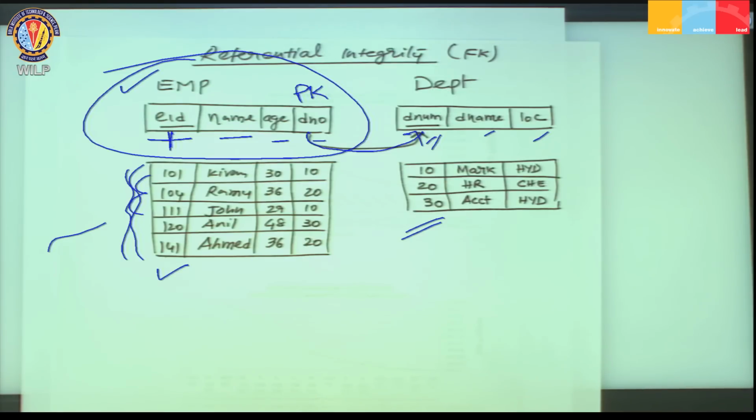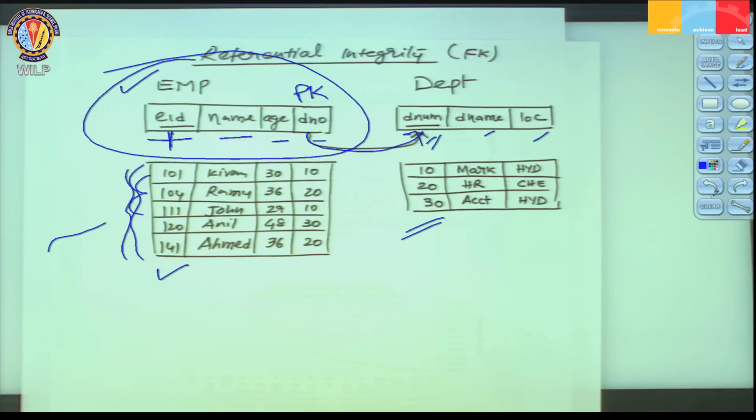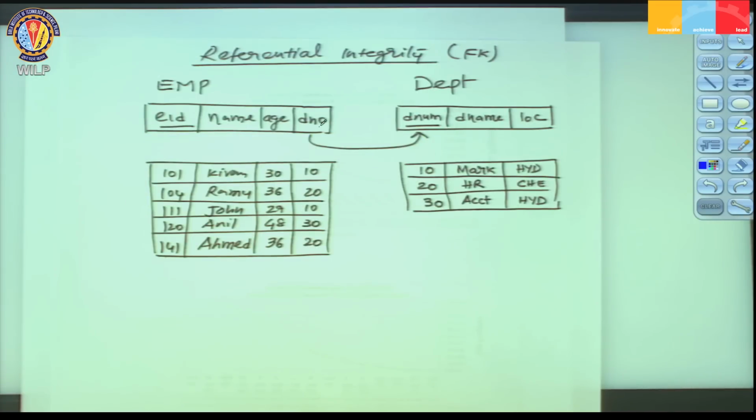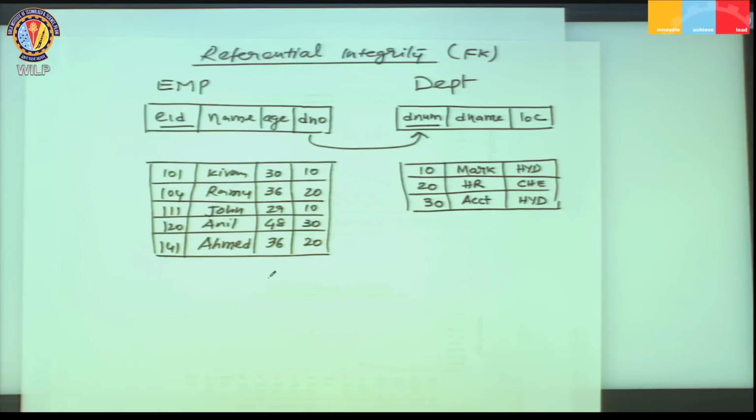And now further, what I have done is I have specified dno as the foreign key in the employee table, which is referencing or referring to the department dnum attribute. What does it say? If I have a tuple or row in relation employee, the value under the foreign key column must either exist in the referenced table under the corresponding column, or it should be null.